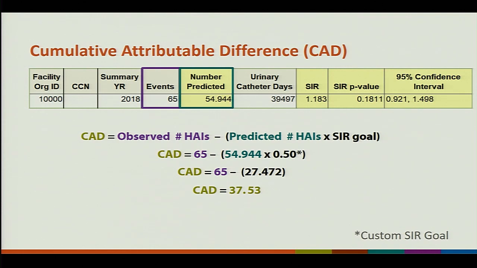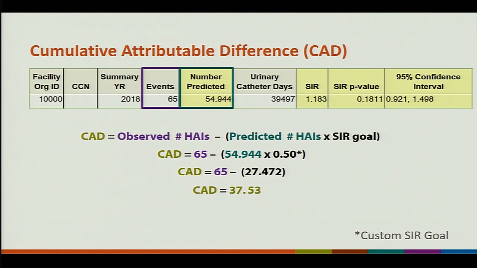So, using that example, let's switch out our SIR goal from 0.75 to 0.5, this custom SIR goal we're creating. When we swap that into our same equation, with the same number of events and same number of predicted events, our CAD now becomes 37.53.